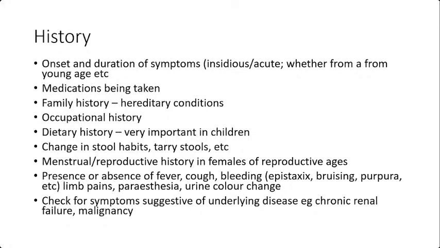Again, changes in stool habits may point to other conditions such as colorectal tumors. Menstrual and reproductive history in females, very important because females of reproductive age are very prone to developing iron deficiency anemia.